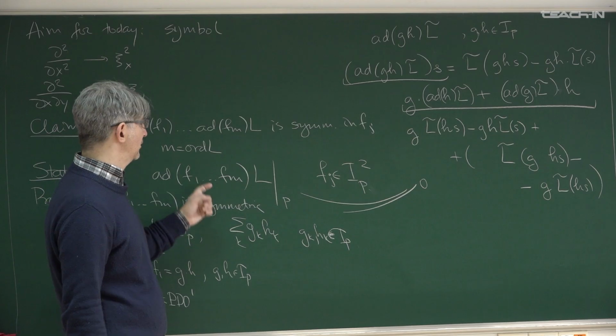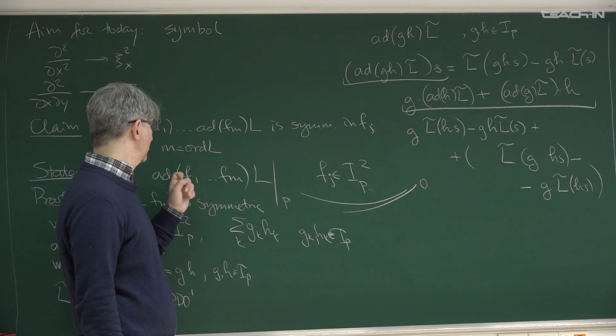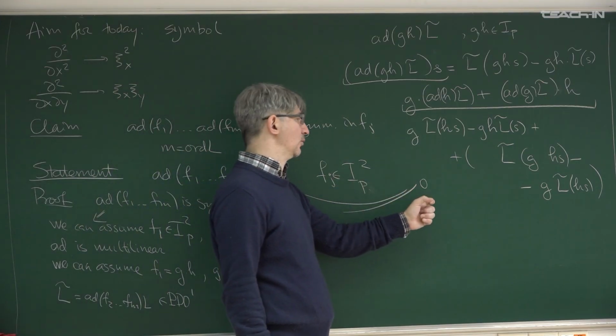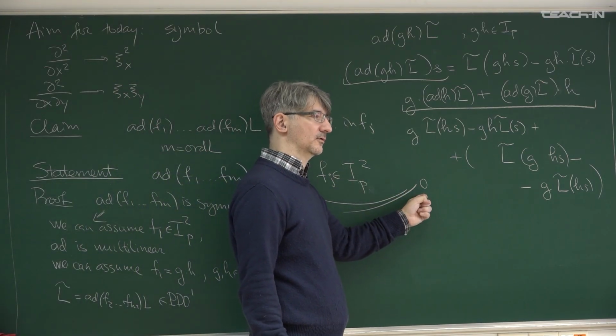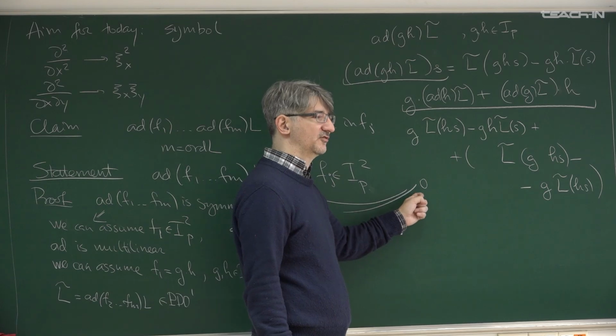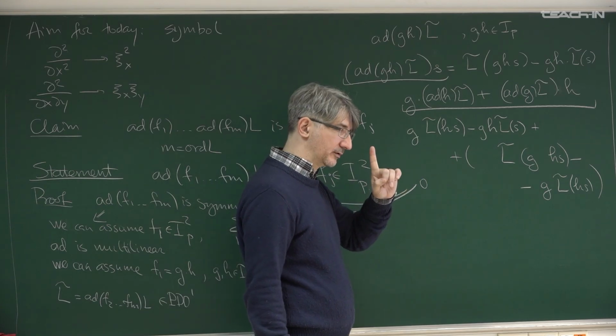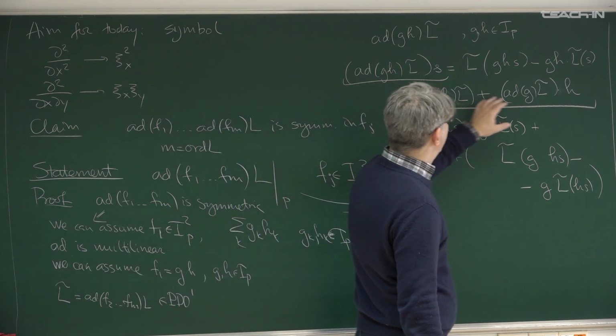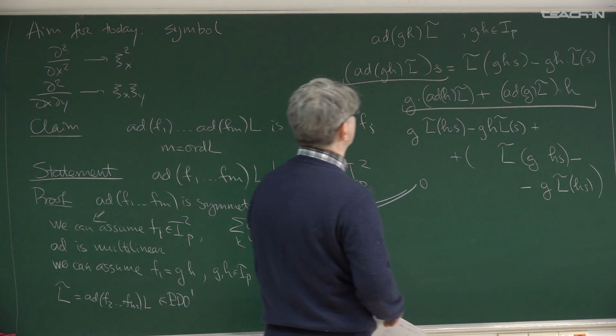If I calculate the result of application of this complicated object with this condition to any section, I will obtain 0 value. I will obtain 0 section. At one point, not in the neighborhood, but at one point. Why does this guy act as 0 at a point?